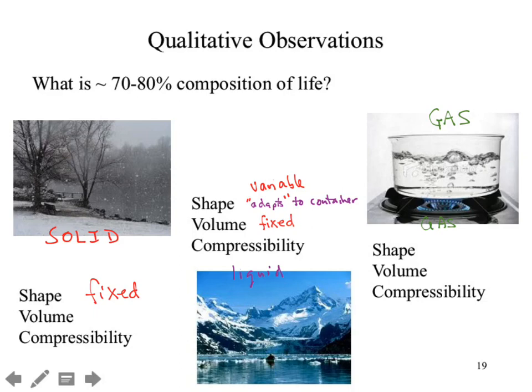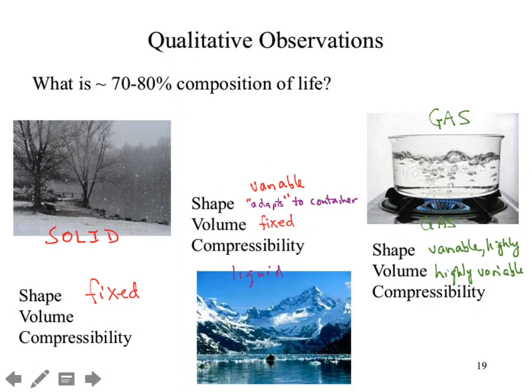This one is highly variable. What about the volume? Variable again. It's variable again because what is happening with our gas? It will fill the container entirely. It adapts to the entire container.